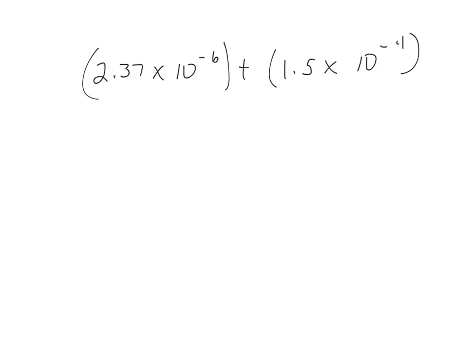So let's go 2.37 times 10 to the negative 6th plus 1.5 times 10 to the negative 4th.